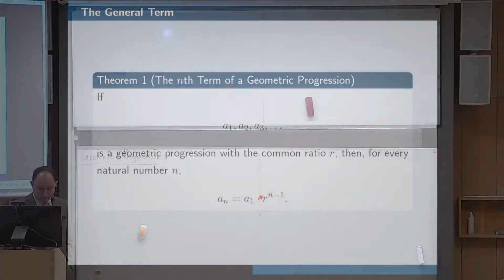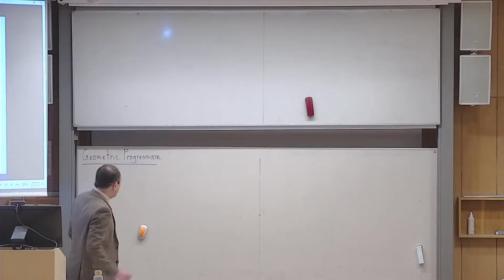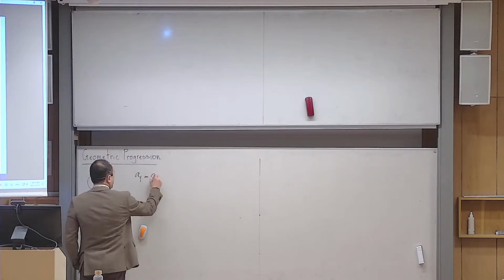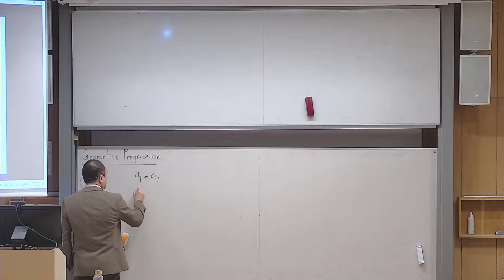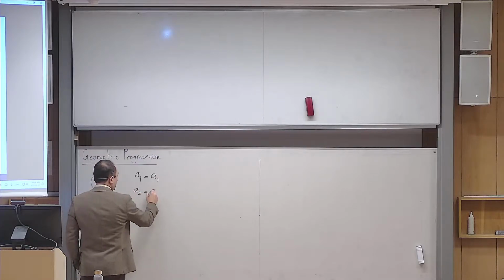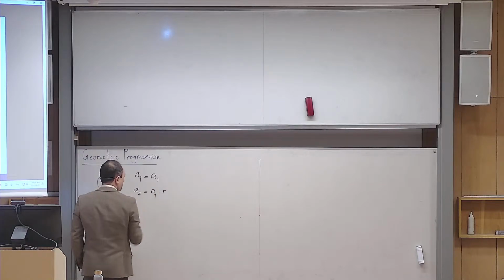So let us go back to the board. If I give you a1, it is just a1. But if I ask you what is a2, how do you answer? A2 by definition is the previous term, which is a1, multiplied by the common ratio.